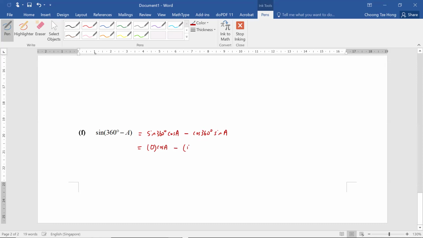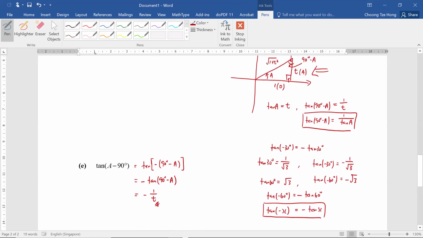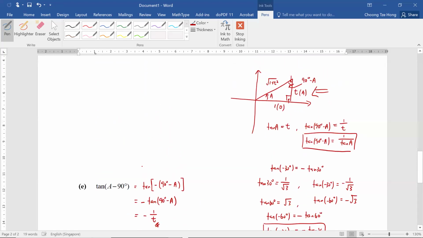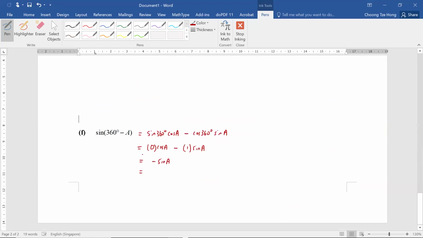Cosine 360 is actually 1, then sine A. So in other words, you will be left with negative sine A. Then from the triangle, sine A is actually t over square root of 1 plus t squared. So you'll get negative t over square root of 1 plus t squared.